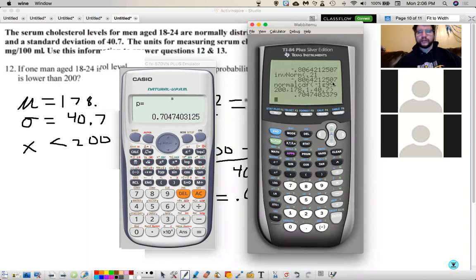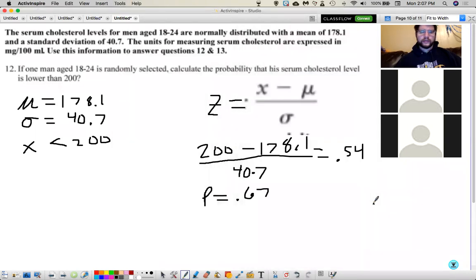This is what you would see on your calculator. It's lower bound, upper bound, mean, standard deviation in that order whenever you're typing this in, because it won't tell you if you have a TI-83. And that's it. If we use the charts, we get 0.67. If we use technology, we get 0.7047.